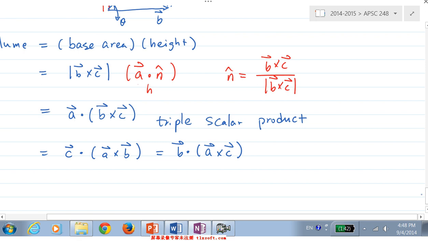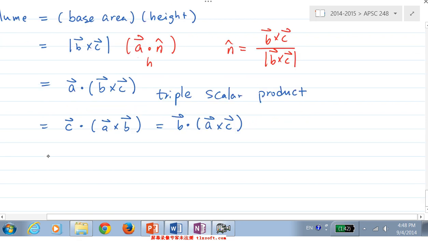And more interestingly, this is the last point I want to illustrate. You will find that A dot B cross C is actually equal to the absolute value of the determinant of A, B, C. What does that mean?